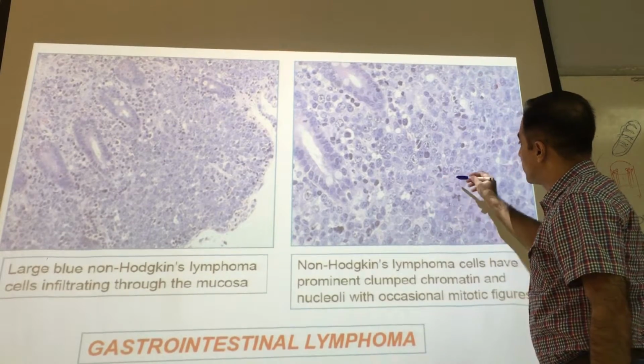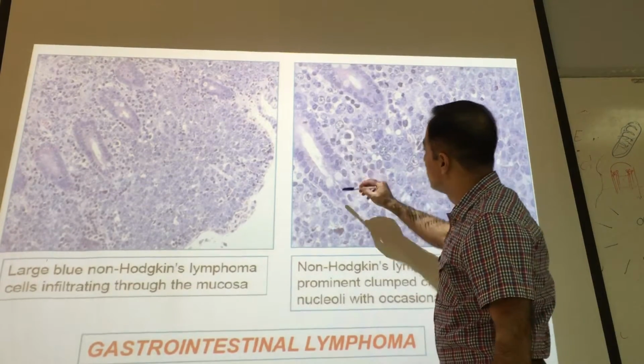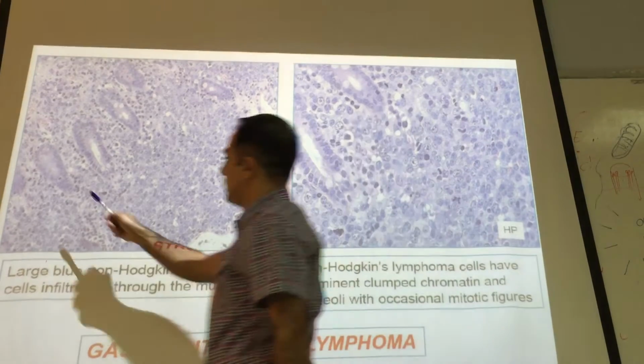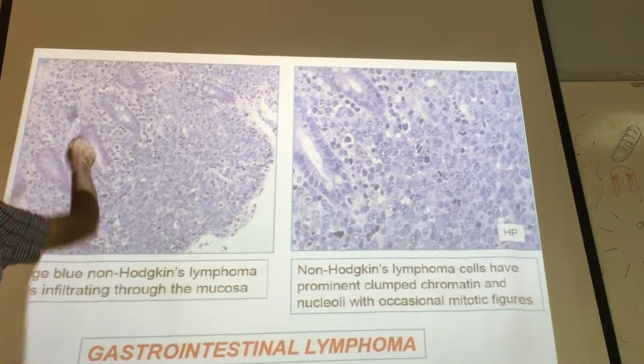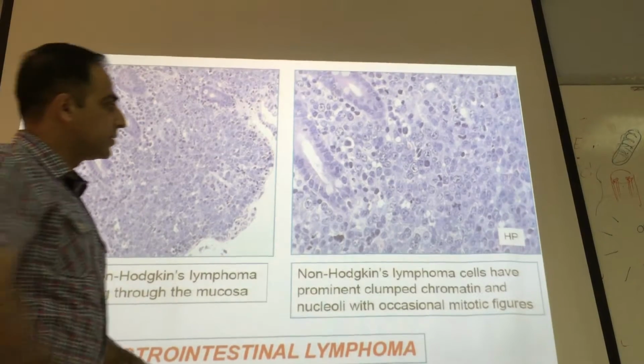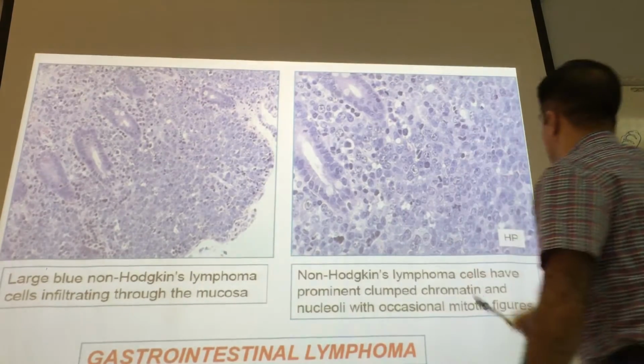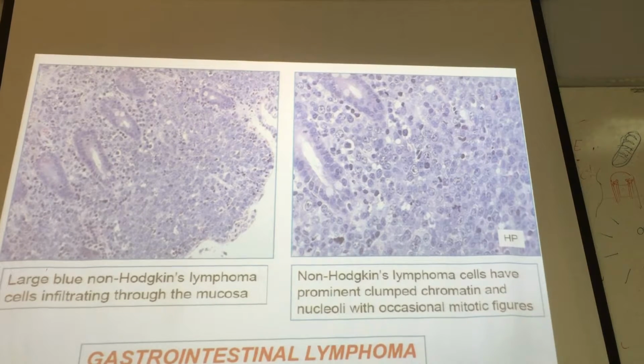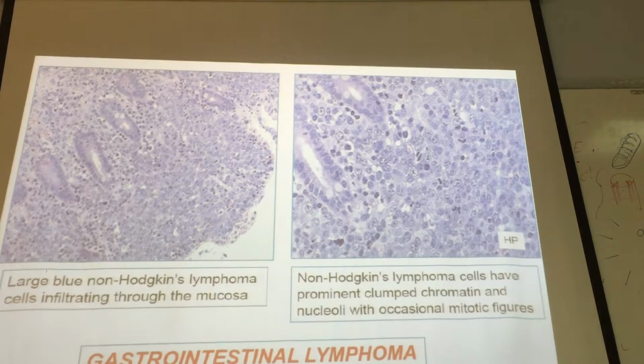These are all lymphoma cells. This is the gland. These are the intestinal glands, and they are infiltrated by the lymphoid cells. All lymphoid cells. Clear?